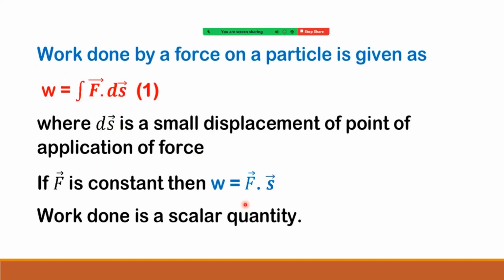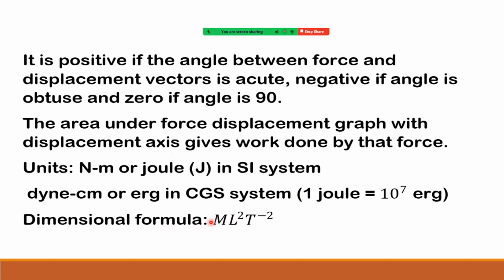If force is constant, it becomes f bar dot s bar. It is a scalar quantity. Next, it is positive if the angle is acute, negative if the angle is obtuse, 0 if the angle is 90.